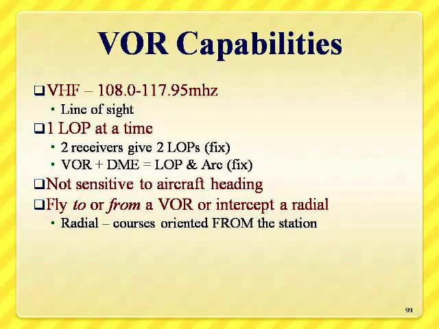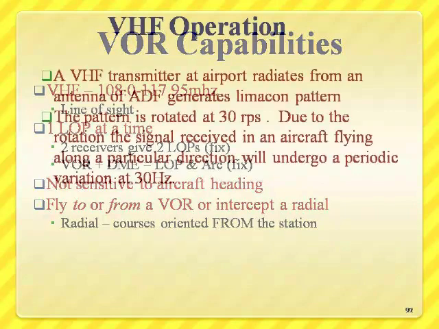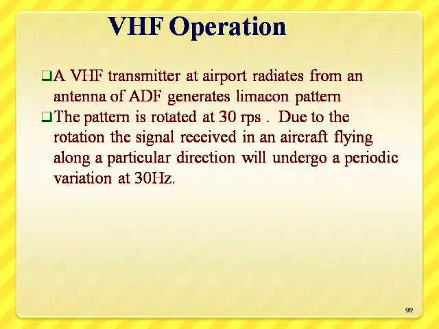the direction. So a VHF transmitter at airport radiates from an antenna of ADF, generates Limacon pattern. The pattern is rotated at 30 revolutions per second. Due to the rotation, the signal received in an aircraft flying along a particular direction will undergo a periodic variation at 30 Hz.